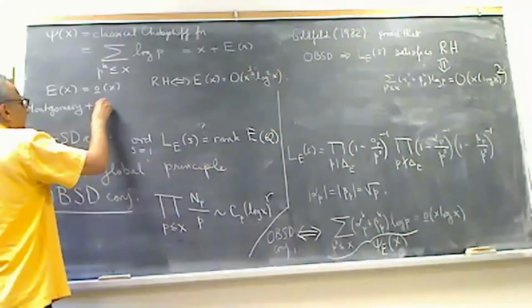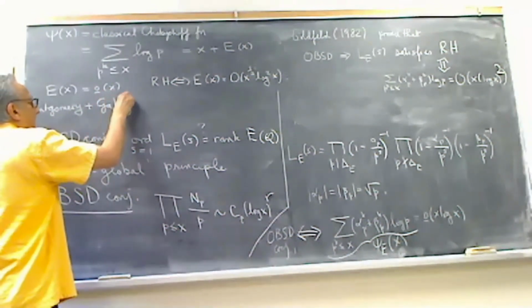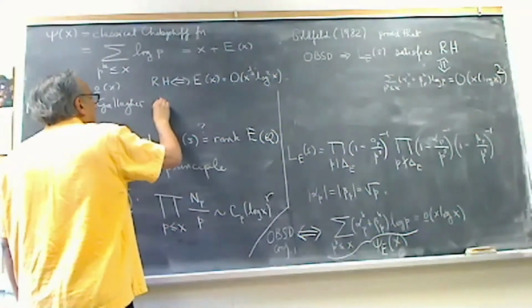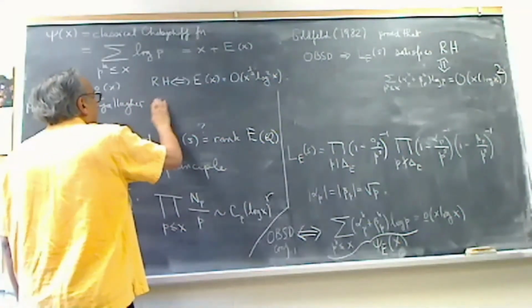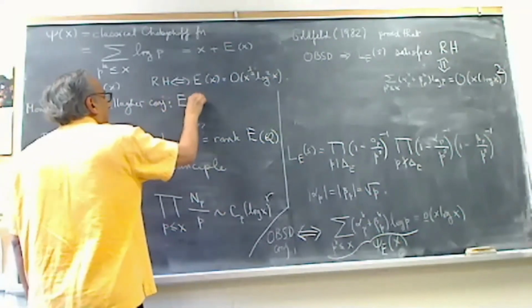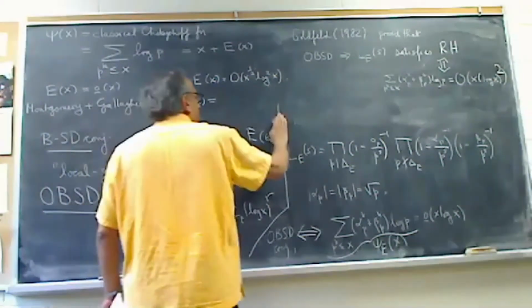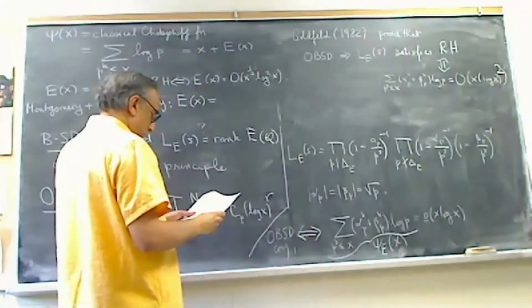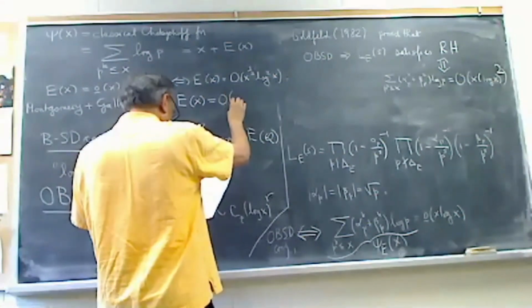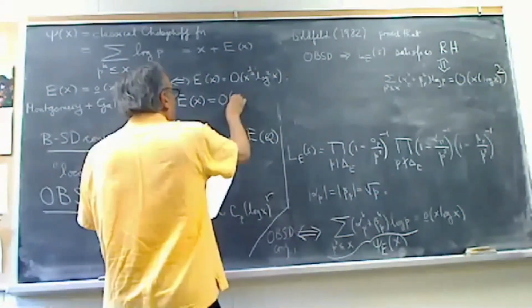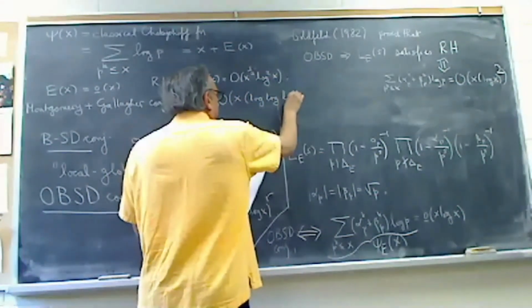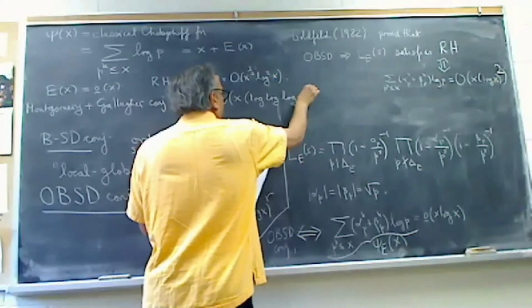Montgomery and Gallagher used probability theory to predict the conjecture that E of X should be O of X^(1/2) times log X squared.